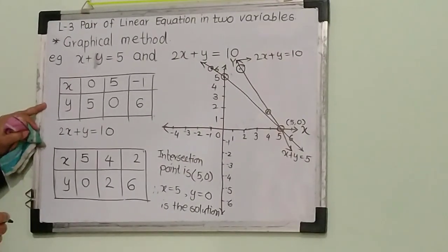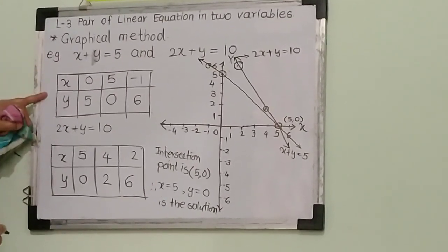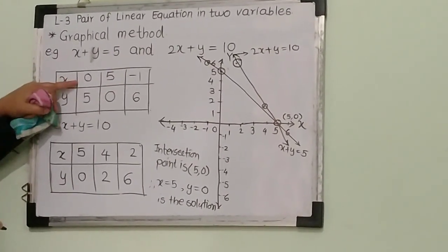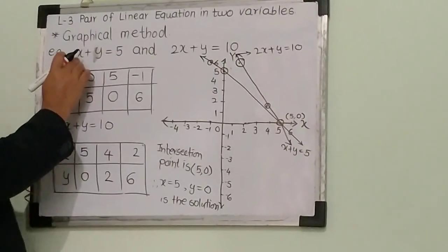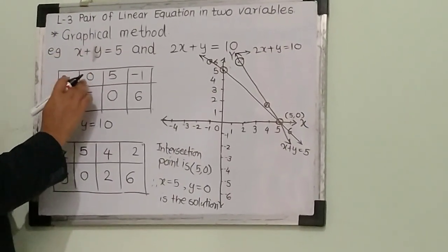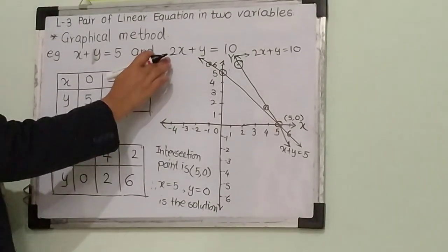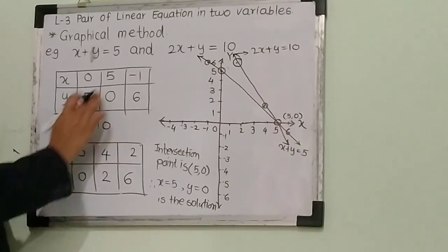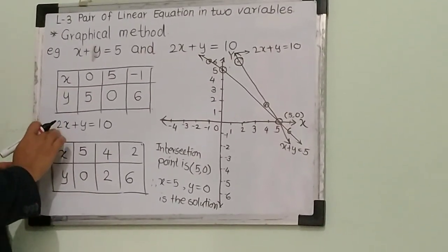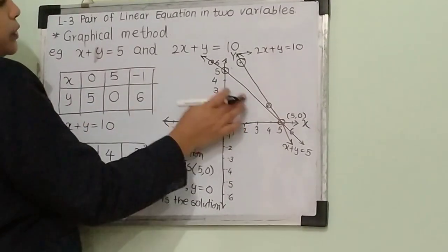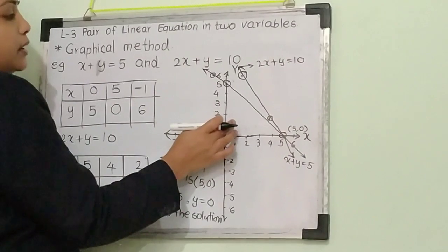So here in this example we see that first we have to find out the points or coordinates for this equation. Maximum 3 coordinates we have to find. Similarly, we find the coordinates for the second equation and plot these points on the graph paper on the xy plane.